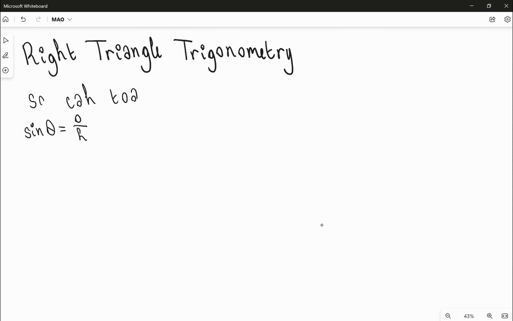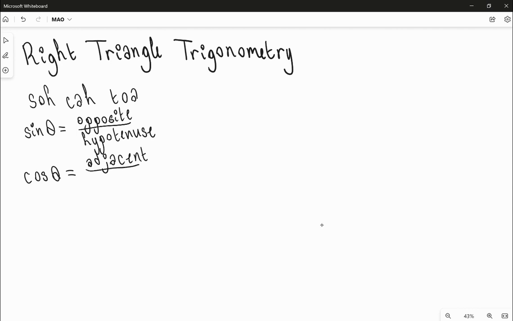Let's write that out actually. That's your opposite over your hypotenuse. Your cosine of any angle is adjacent over hypotenuse.